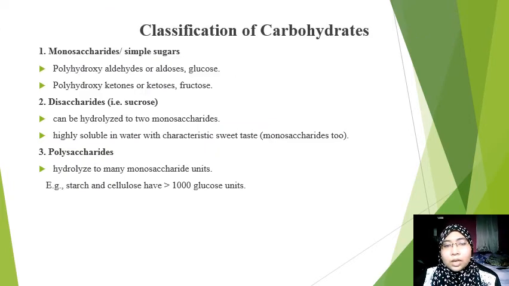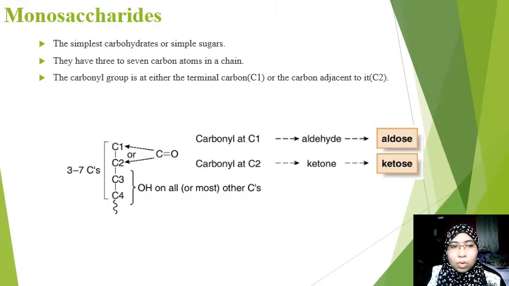There are three classifications of carbohydrate, which are monosaccharide, disaccharide, and polysaccharide. What is monosaccharide? Monosaccharide is the simplest carbohydrate, or simple sugar. They have 3 to 7 carbon atoms in a chain.